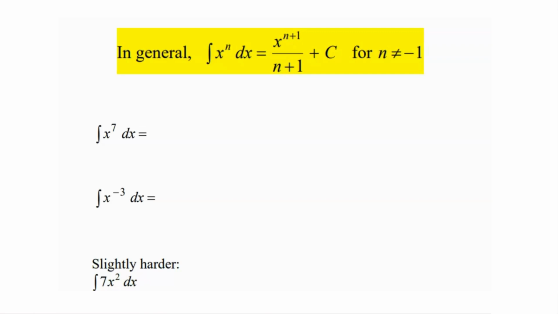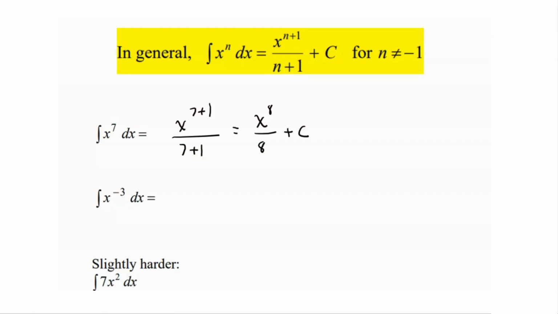So in this case, this would equal x to the 7th plus 1 divided by 7 plus 1, which is equal to x to the 8th over 8 plus C using the general power rule. Just like before with derivatives, when we learned our power rule, this is what we're going to use from the start until we learn a few other techniques.